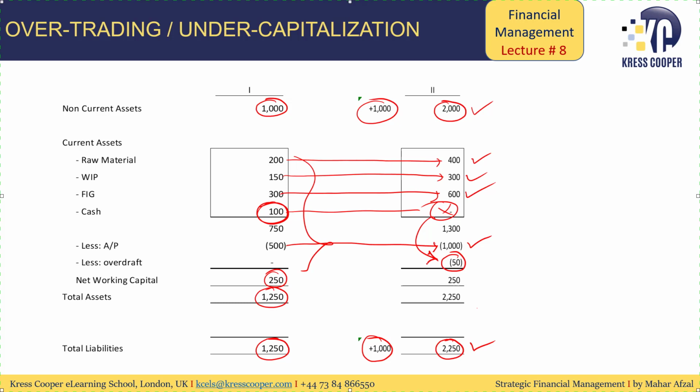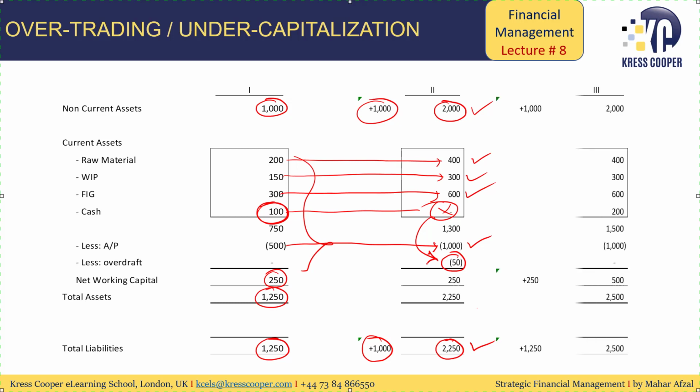So what is the solution to manage it properly? So the company will be required to invest some amount in the working capital as well. So company will be required to invest some amount in the cash as well. In the third scenario, rest of everything is constant except company has invested 250 in the working capital as well.